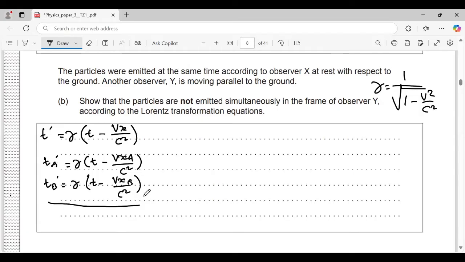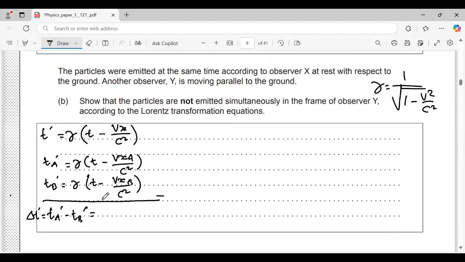If we subtract, I'm going to subtract right like this. It's going to be t'A minus t'B, and this is delta t' actually.